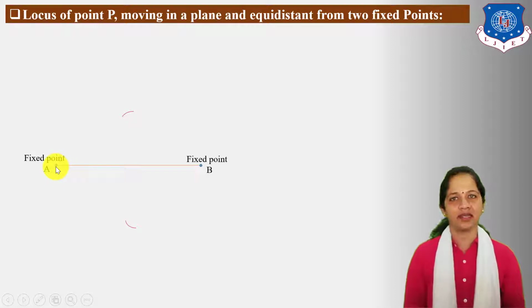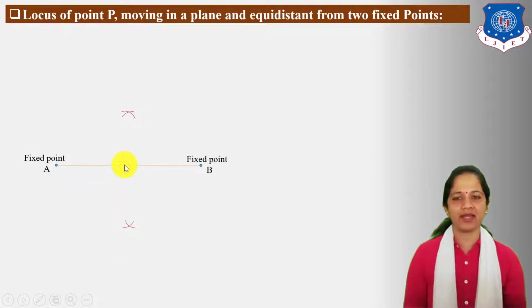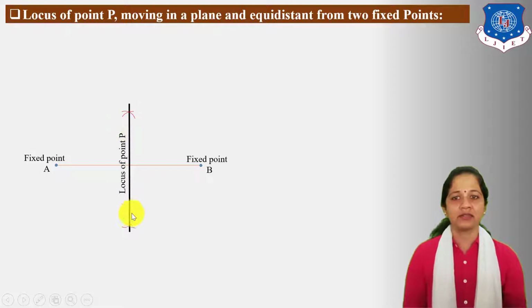Similarly, take center A, radius AB and draw two arcs, one above the AB line and another below the AB line, which intersect the previous two arcs of fixed point B at two points. Connect these two intersecting points with a line, and this line indicates the locus of point P. Here the locus of point P is at a distance that is fixed from the two fixed points A and B.